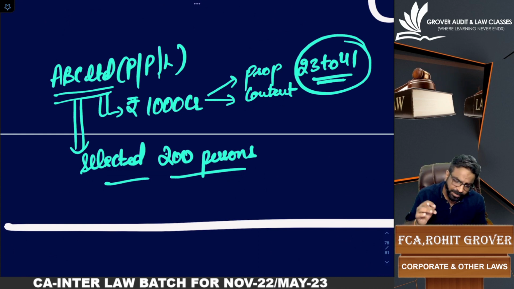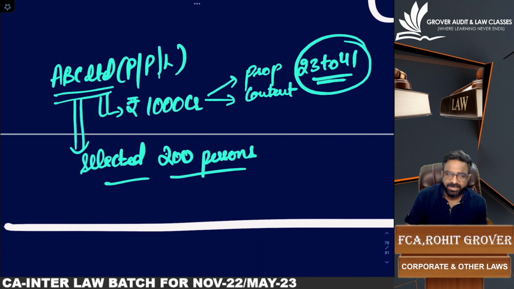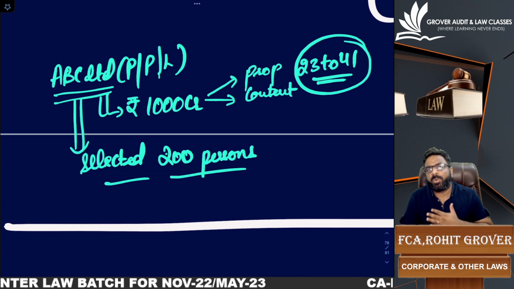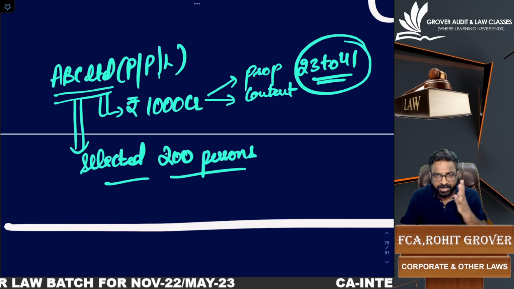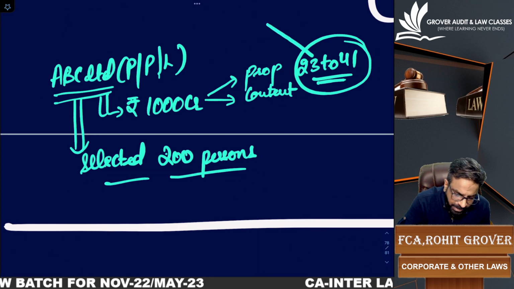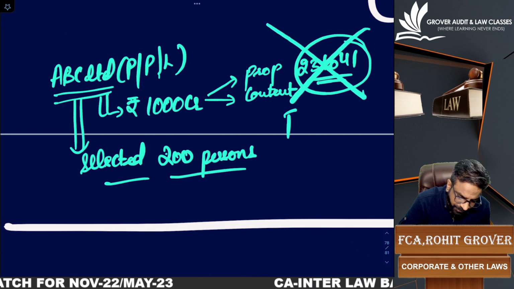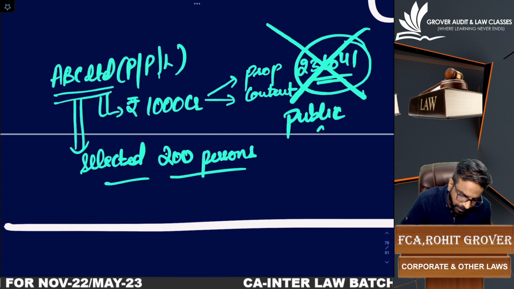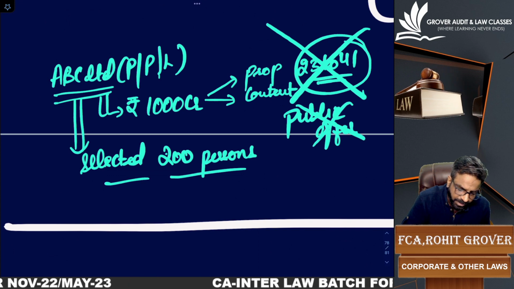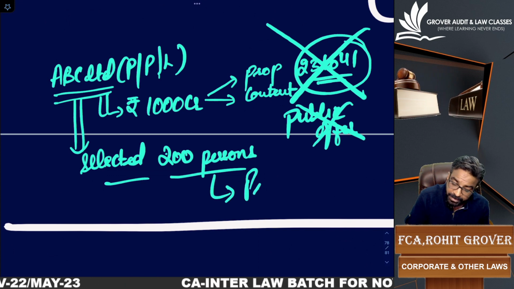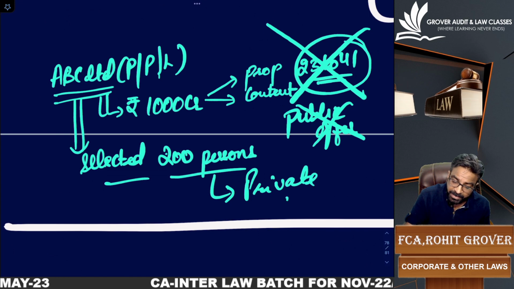Now, those 200 people said, yes, we will be interested. Now, company said, oh my God, full relief. It means company need not go with a which offer? Prospectus, public offer. I can go for what? Private placement. Private placement of the shares.